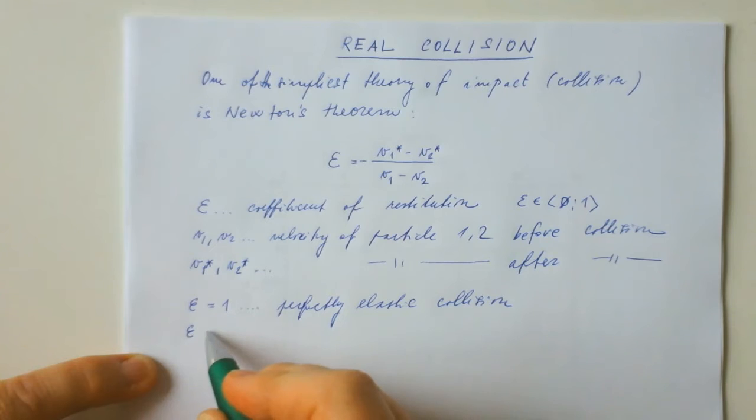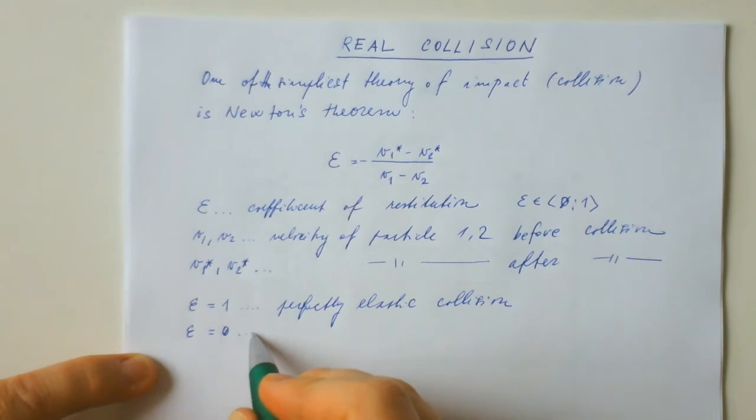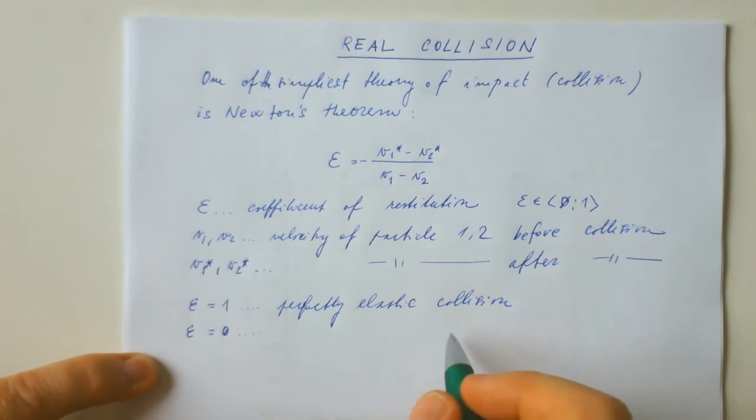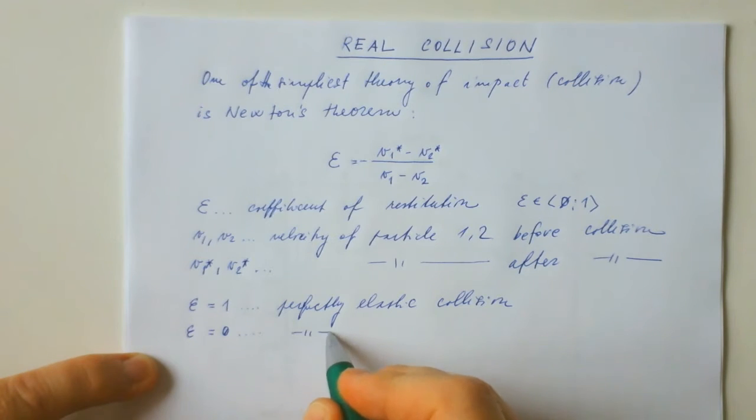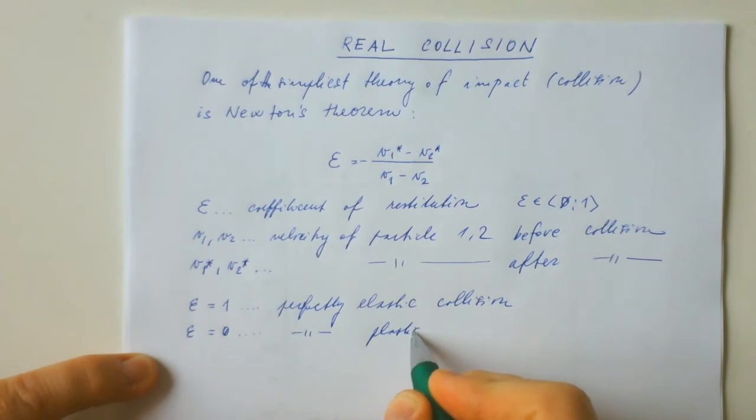And if epsilon is equal to 0, that is the other extreme value, a perfectly plastic collision.